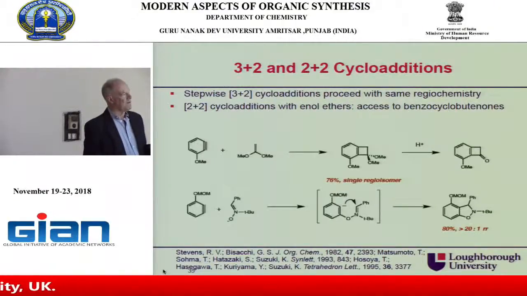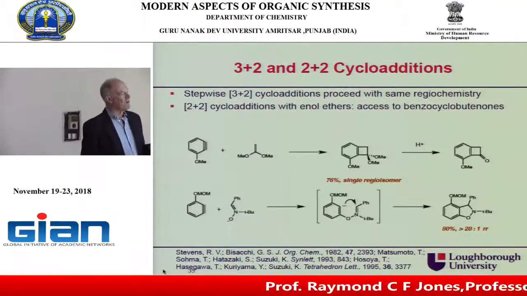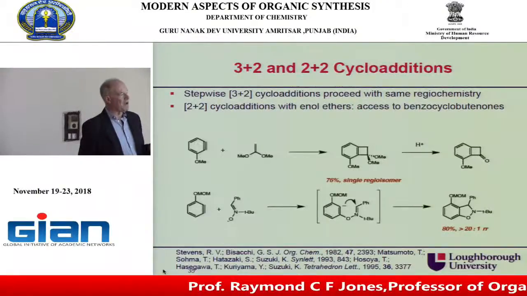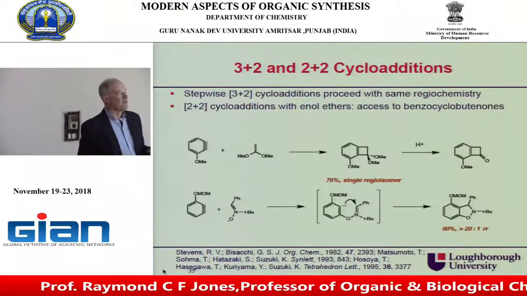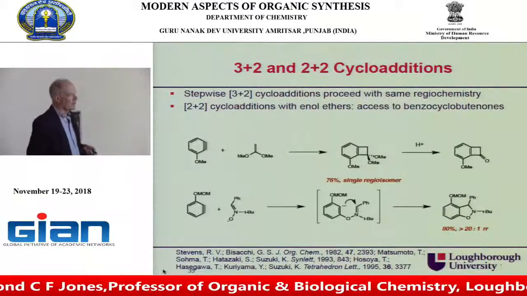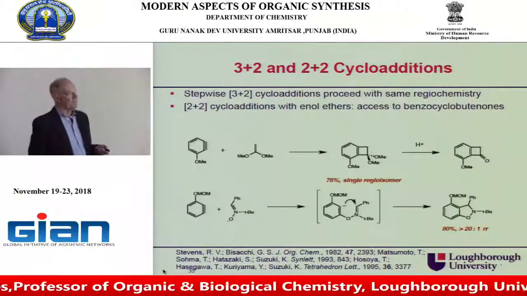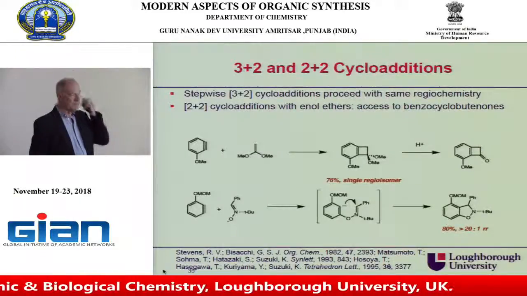That was then taken through to hydrolyze this acetal and make a ketone. So in both cases, a single regioisomer here and a 20-to-1 regioisomer ratio in the dipolar cycloaddition case. I say two-step, but overall dipolar cycloaddition.